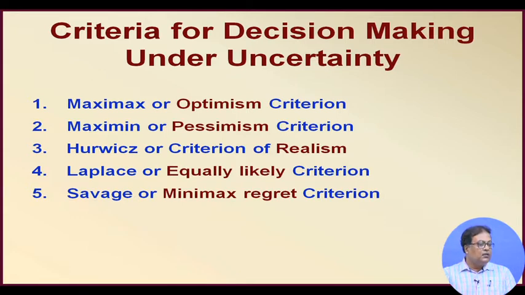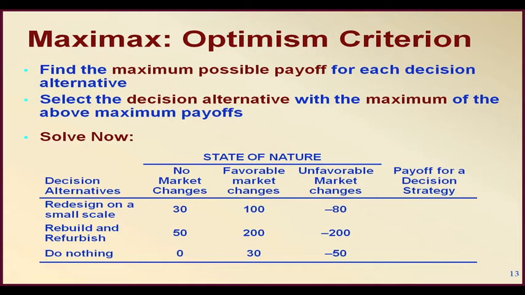The third one is a combination of both optimism and pessimism, called the Hurwicz or the criteria of realism. The fourth one is Laplace or equally likely criteria, and finally the Savage or Minimax regret criteria. So, let us evaluate all of these 5 different decision making criteria and see the details.